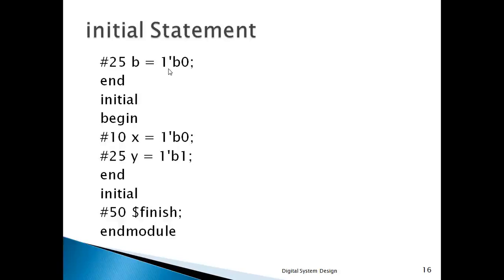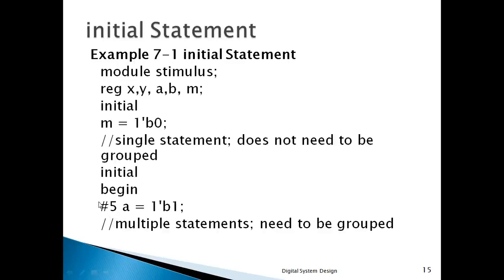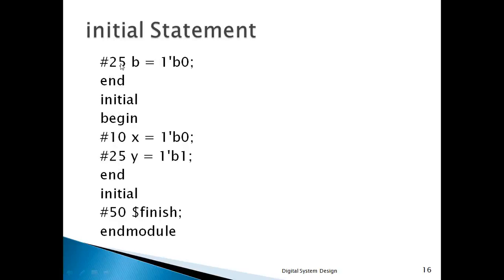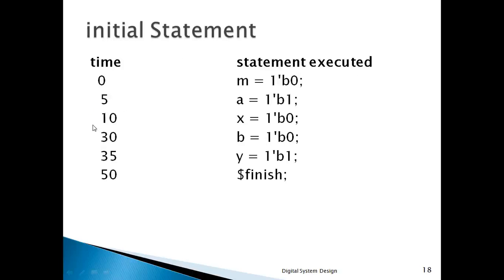This command will be executed at 30 time units. Here you see 5 and this 25, total will be 30 time units. So B will be assigned the value 0 at 30 time units.